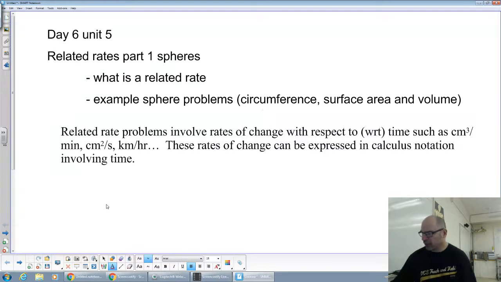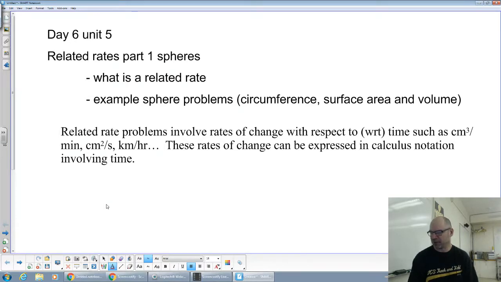There we go. So related rate problems, which is what we're going to do, involve changes with respect to time. So if you're doing a volume question, it'll be like centimeters cubed per minute or second. Or if you're doing a surface area or area question, it'll be like centimeters squared per second or hour. If you're just doing a straight speed question, kilometers per hour.